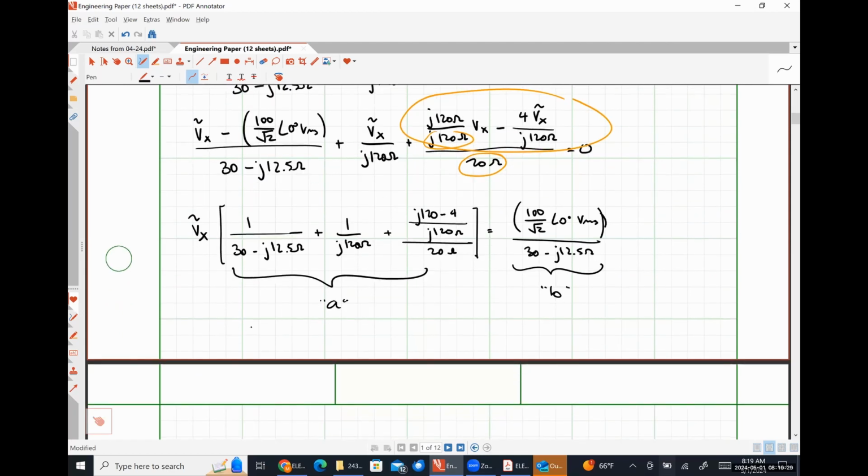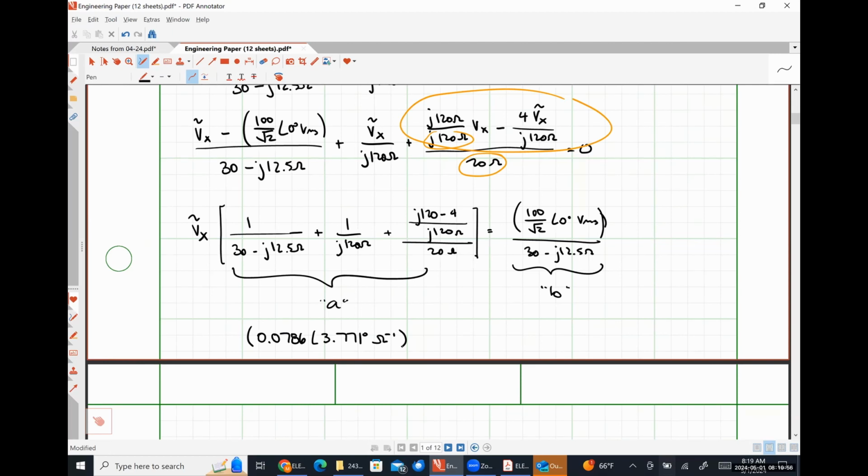And I get this part right here to be 0.0786 and some change with an angle of 3.771 degrees. The units on this should be per ohm. Storing that in my calculator as A.